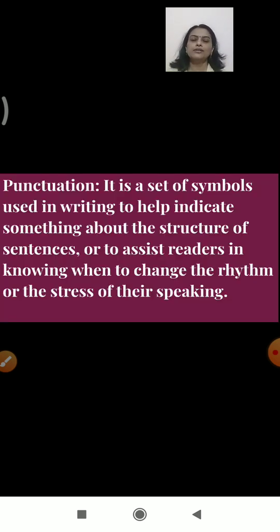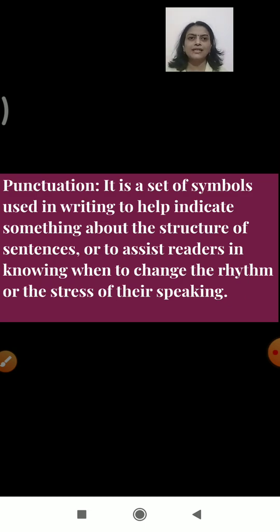Now what is punctuation? It is a set of symbols used in writing to help indicate something about the structure of sentences, or to assist readers in knowing when to change the rhythm or the stress of their speaking.